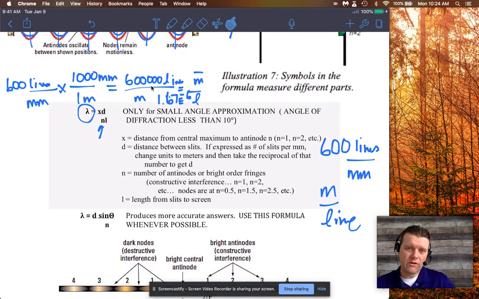There is another formula though, and you may have noticed that there are two on your formula sheet. You also have this formula here.